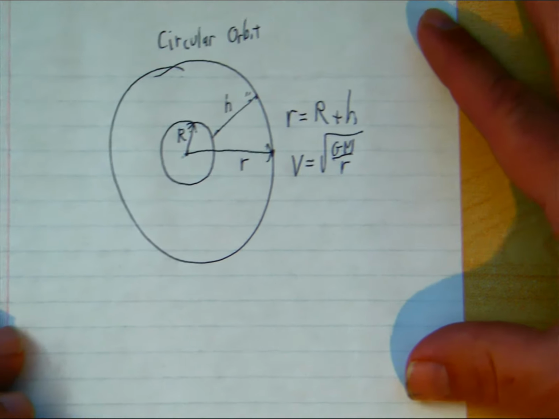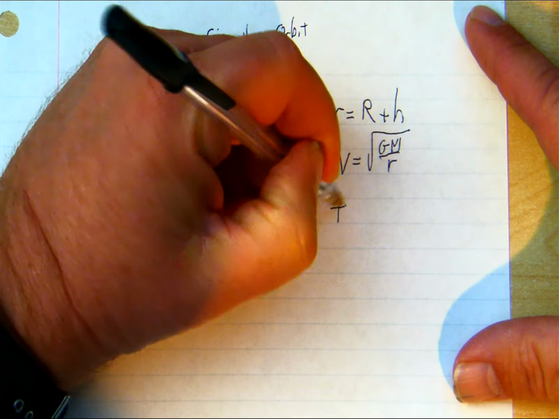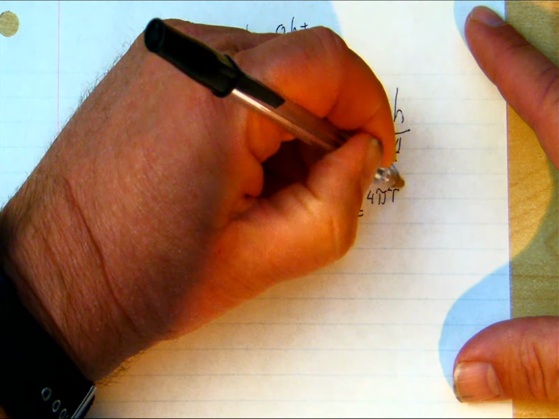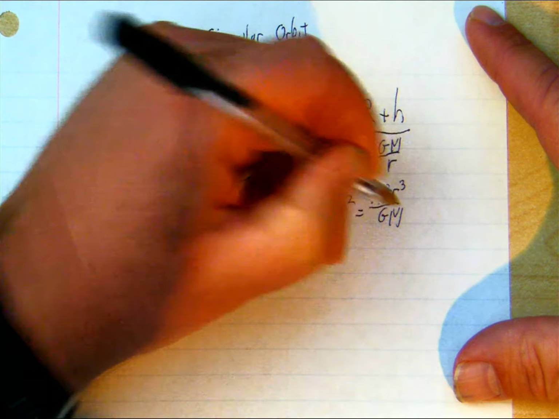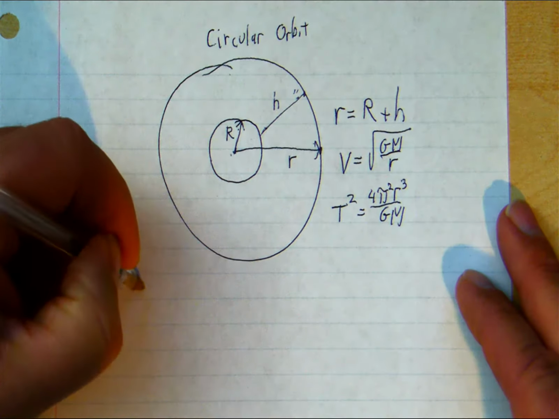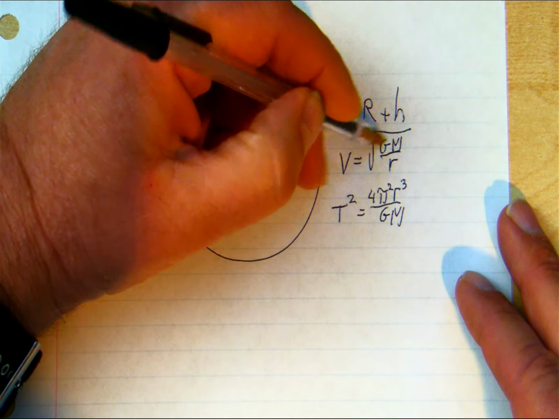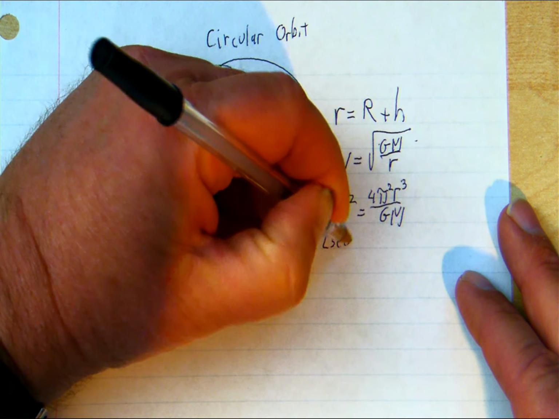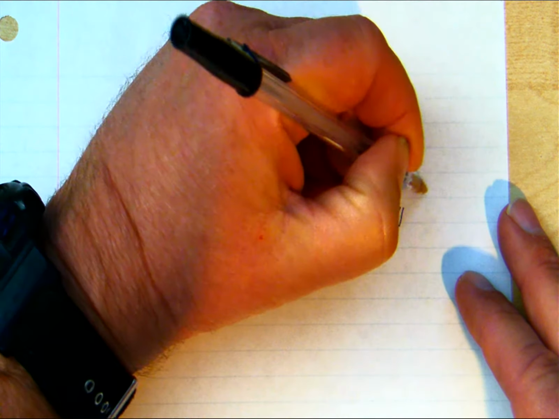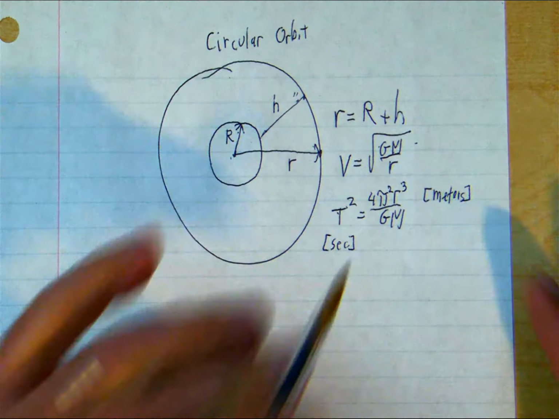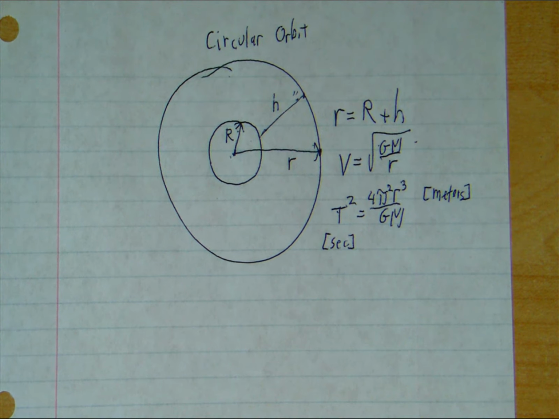And Newton's version of Kepler's third law: the period squared is equal to 4 pi squared r cubed divided by G M. A little cautionary reminder, G, of course, is the universal gravitational constant. The period has to be in units of seconds, and the radius has to be in units of meters before you can plug them into this equation and do your work.